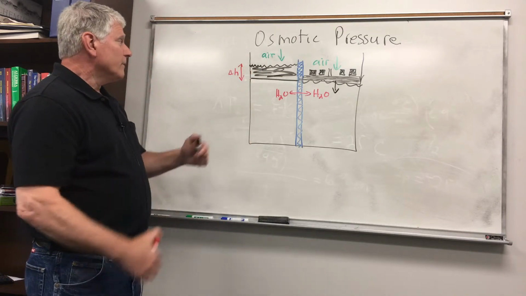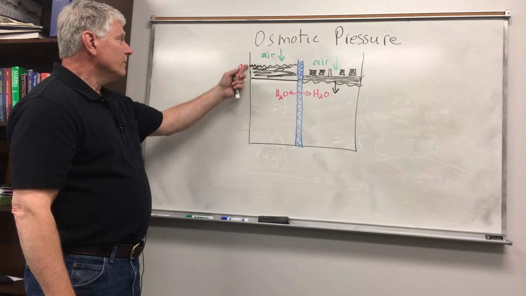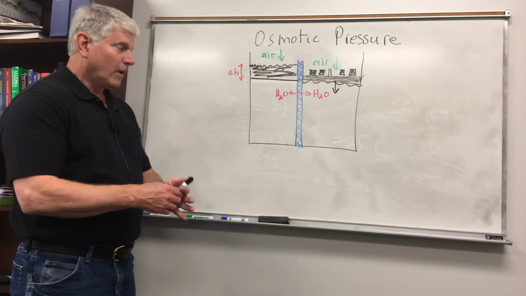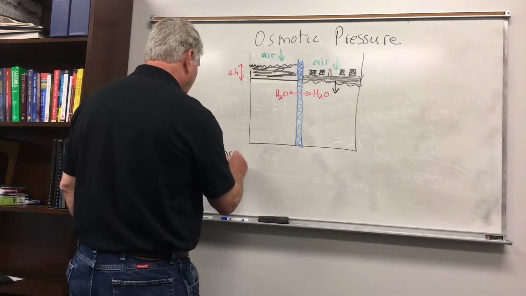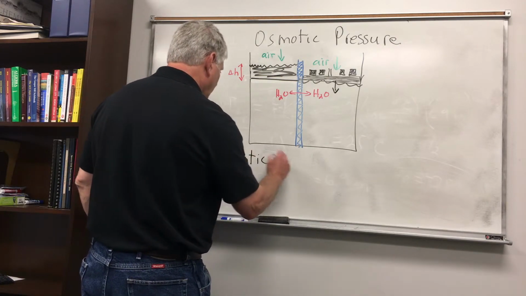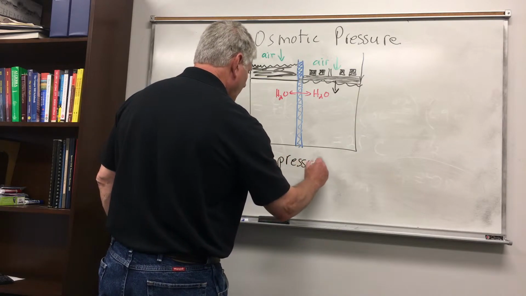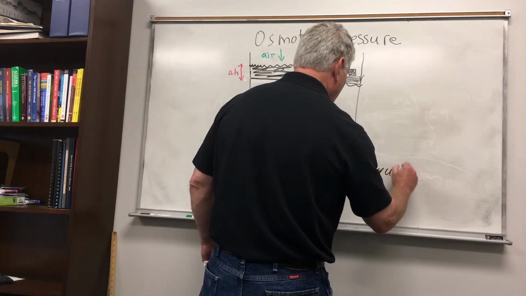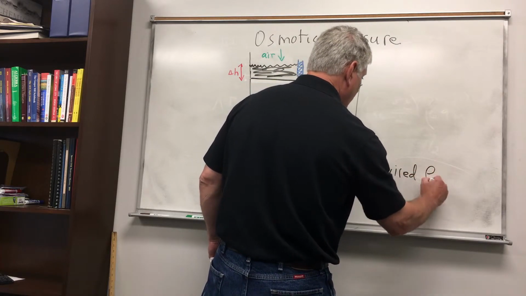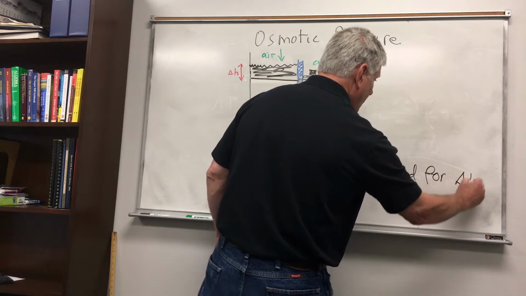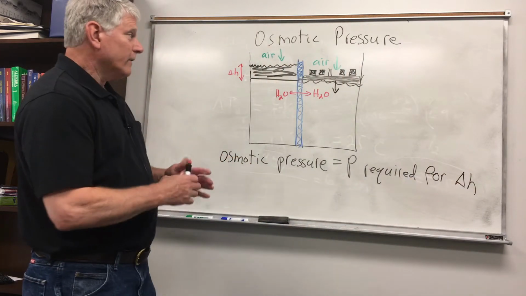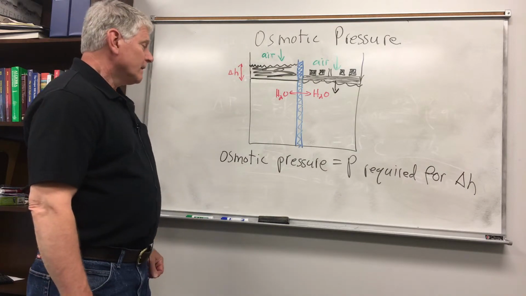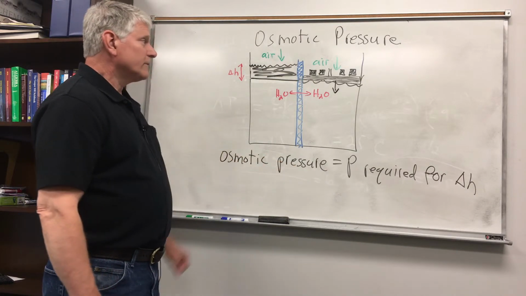And if we calculated the pressure required to push up this additional height, that's called the osmotic pressure. So it's the pressure required to raise the water level delta H amount. So this is called the osmotic pressure.